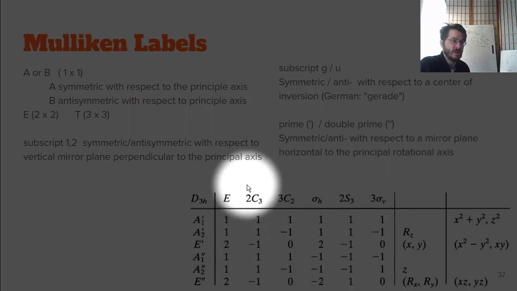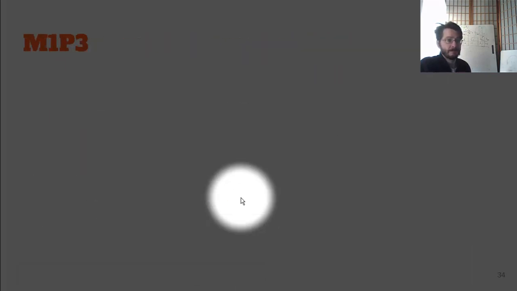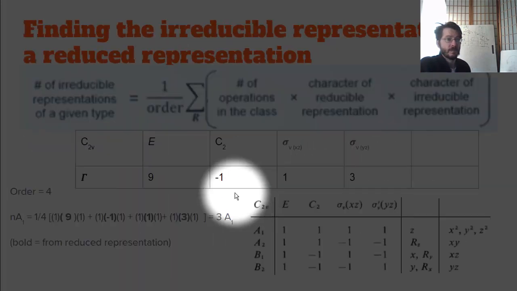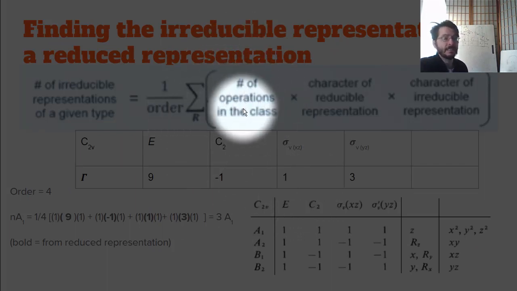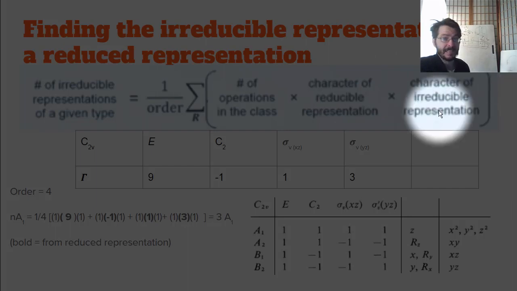This is often forgotten, so just be aware that you have to take into account the fact that there are 2 of those particular class, times whatever that number of operators in the class, in this example it's only going to be 1, times the character of the reduced representation, the thing we just generated. Remember, this is our reduced representation. We're going to take this character and then multiply it by the character of the irreducible representation.